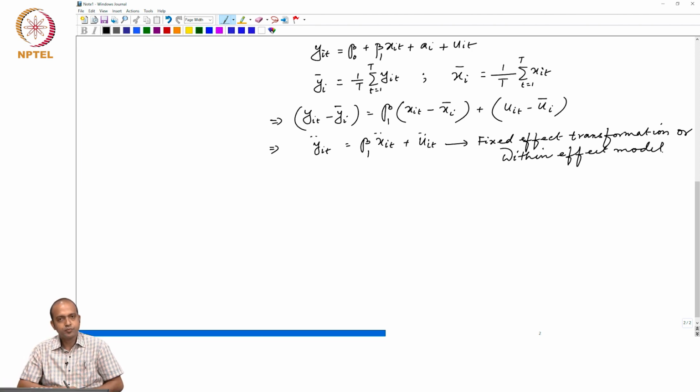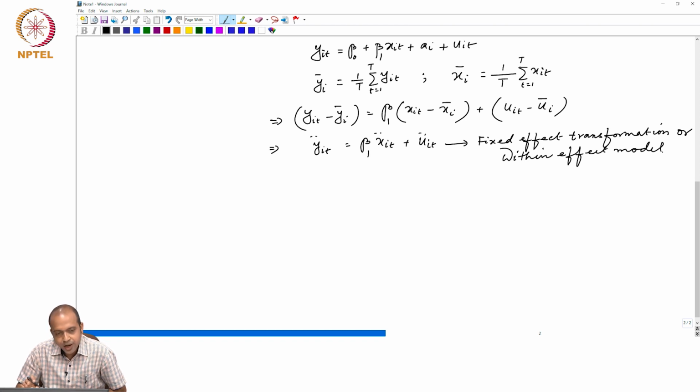Within effect model. Now, why this within effect? We need to understand. In this model, we are trying to explain the variation in Y, which is time domain variation.